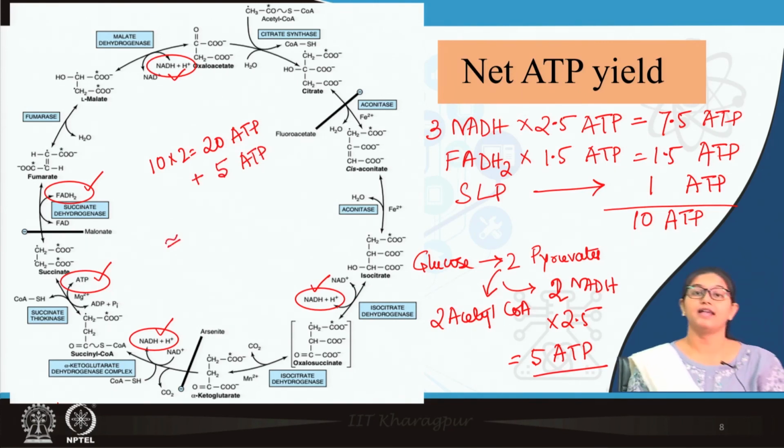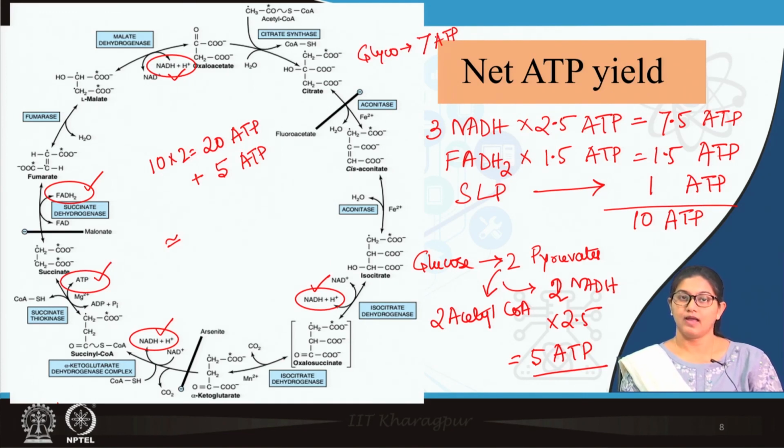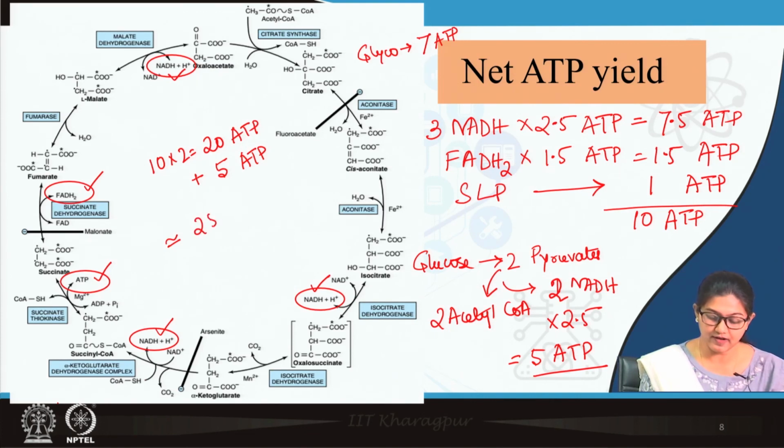So, at the end of glycolysis we were getting 7 molecules of ATP, and at the end of TCA cycle we were getting 25 molecules of ATP.